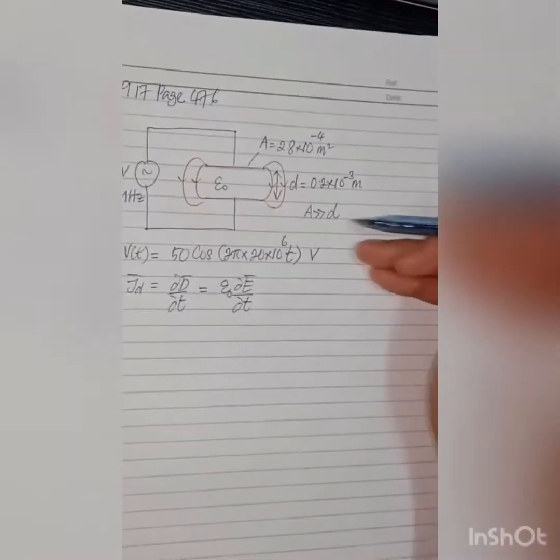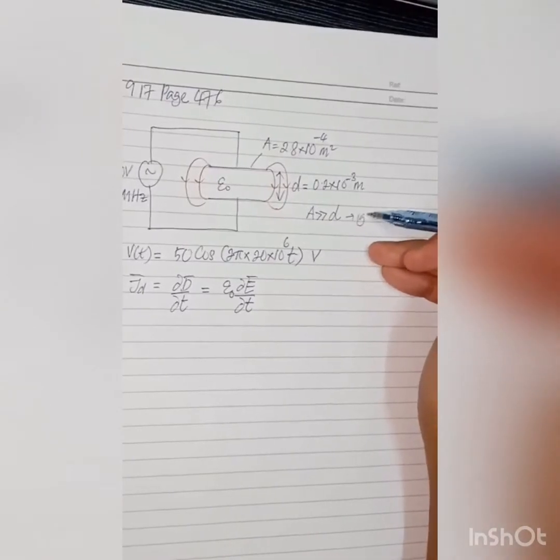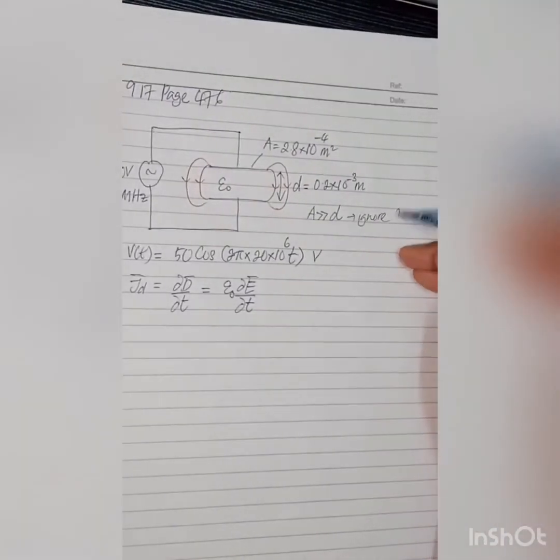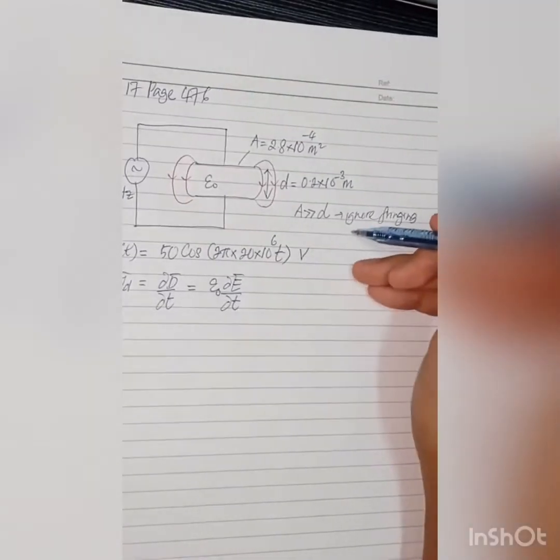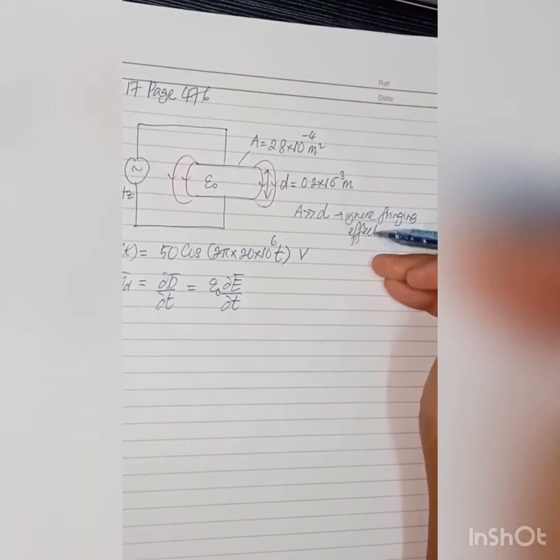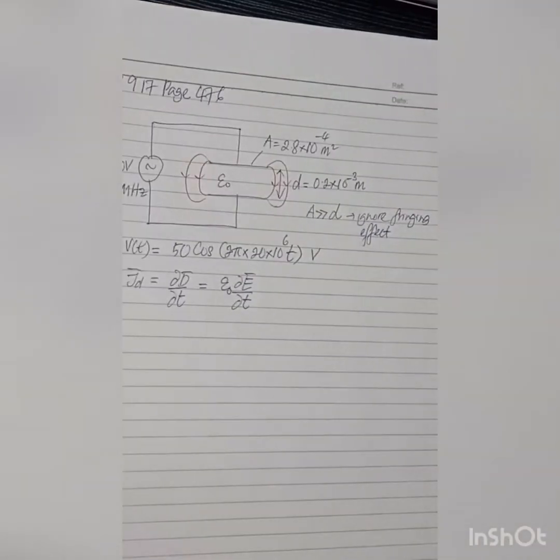Then we can simply ignore the fringing effect that normally appears at the edge of the parallel plate capacitor.